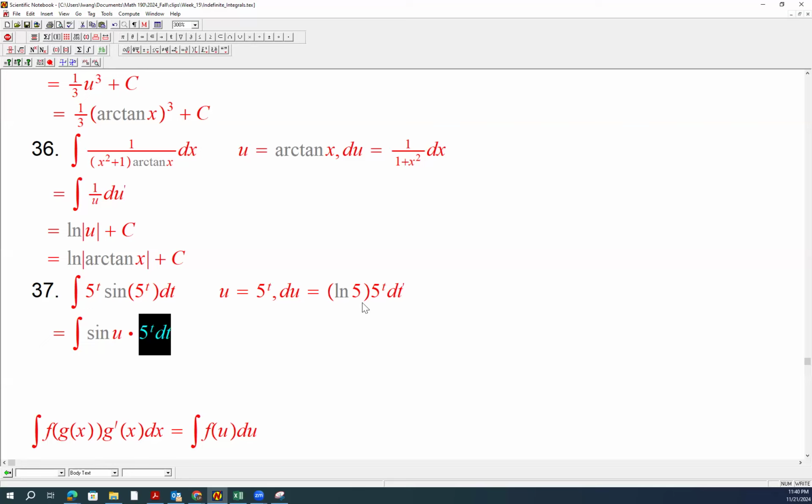Divide both sides by ln 5. So you just do a little bit of algebra, and you're going to get du over ln 5. So 5^t dt will be replaced by du over ln 5.